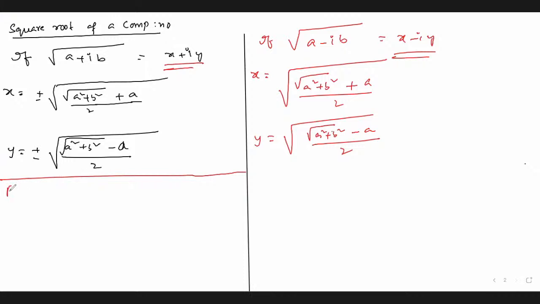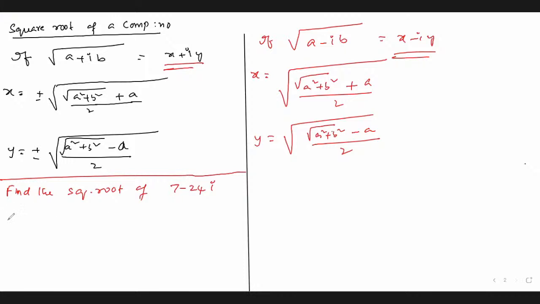Find the square root of 7 minus 24i. You can do it easily. This is in the form of x minus iy.